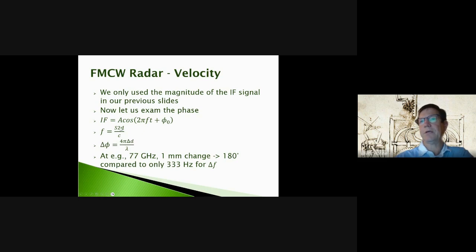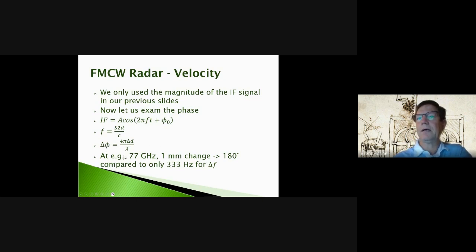There's this factor of 2 for the round trip in there, but also there's a 2 pi for 2 pi radians. So this is the fraction of the full cycle, which is 2 pi, and gives us a certain phase shift. Now, that'd be in radians; convert that to degrees if you need to.